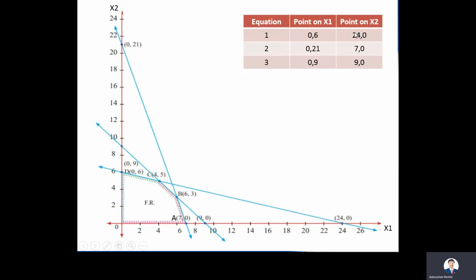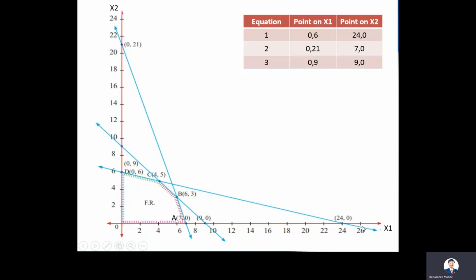So what is the maximum value of x1? That is 24. And what is the maximum value of x2? That is 21. So when you are drawing a graph, you have to consider some units. While taking these units, we have to draw a graph which is more than 24 in size, because 24 is the highest value of x1.